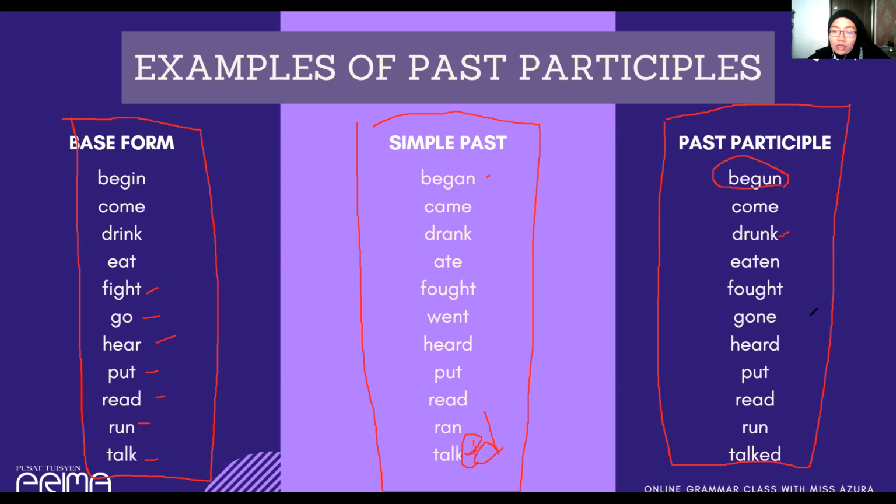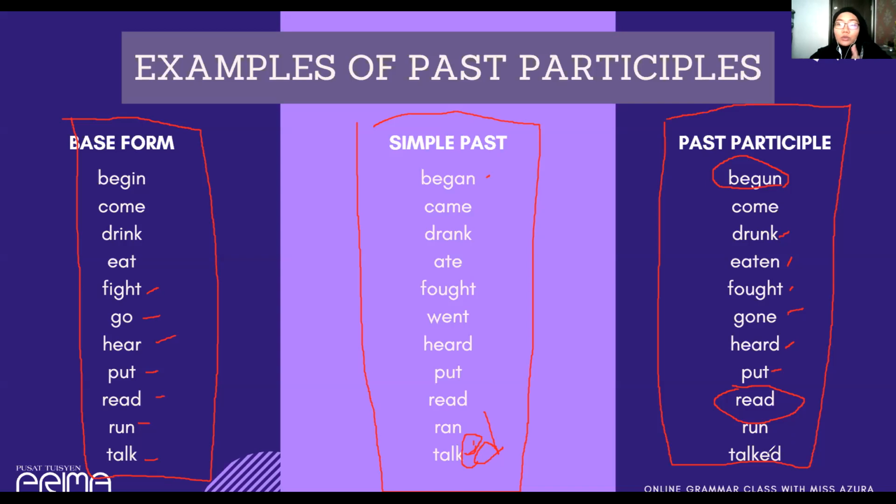And eat is eaten. Fight is fought. Go is gone. Hear is also heard. Put is also put. Read, even though it has the same spelling, is pronounced as read. Run is also run. And talk is talked.